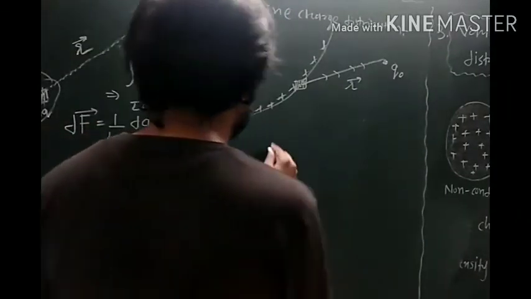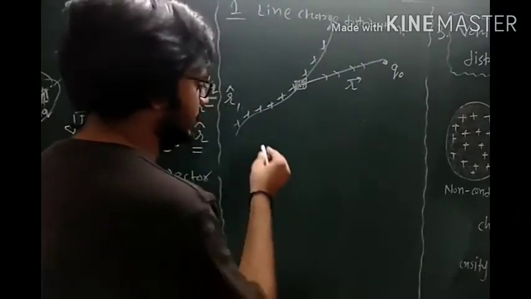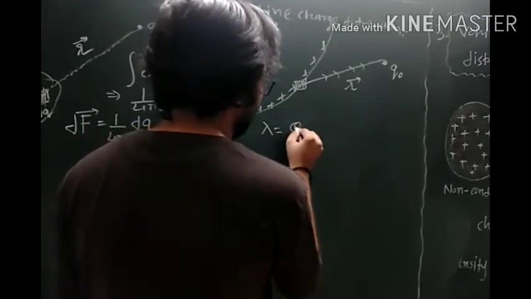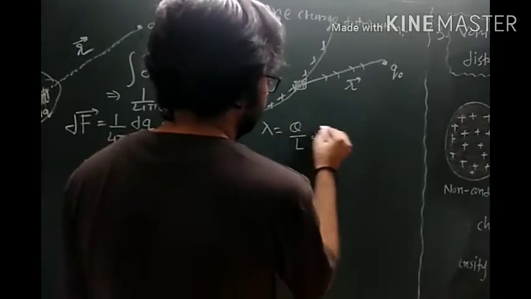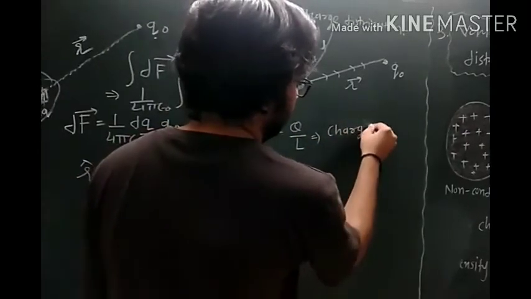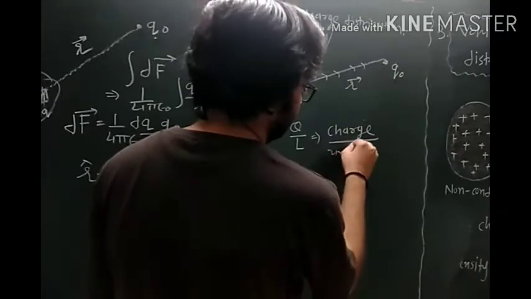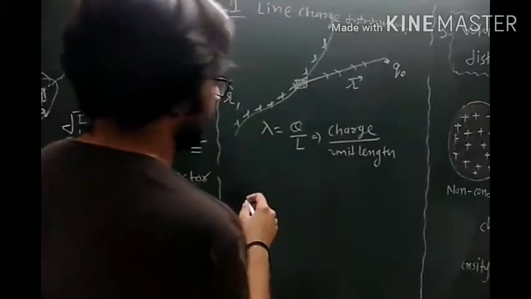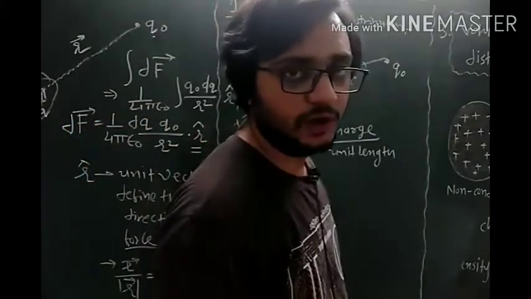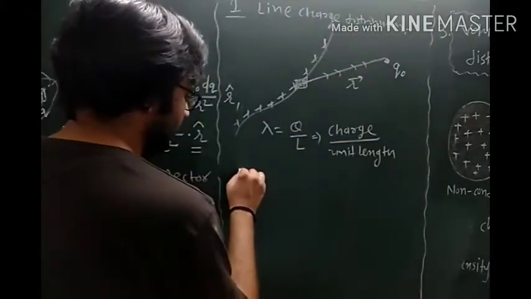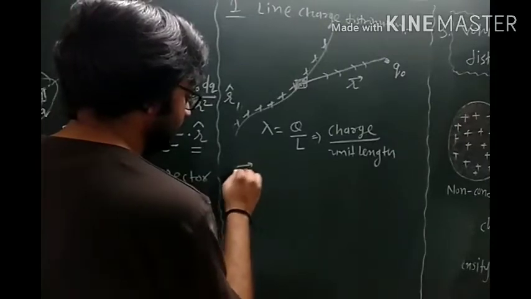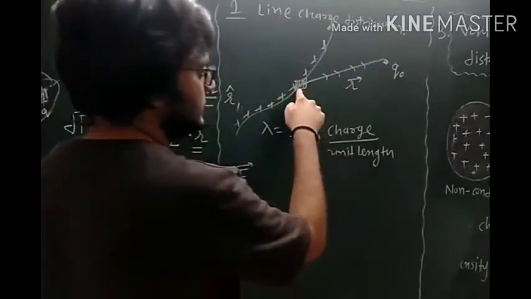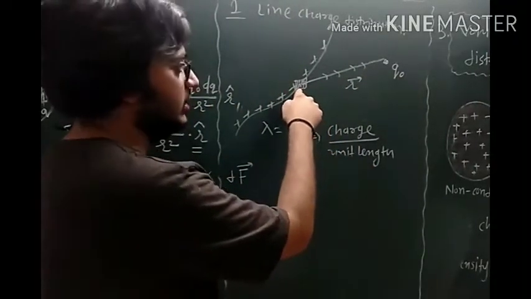Now we know what linear charge density is. Linear charge density lambda is equal to q upon L, meaning charge per unit length. So from Coulomb's law we can write the force exerted on q naught due to the small charge dq.